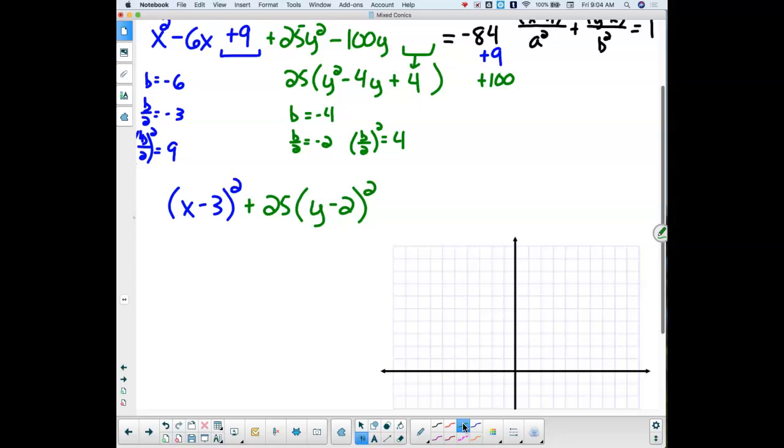And the other side is equal to what? Negative 84 plus 9 plus 100. 25. With me? Questions so far?